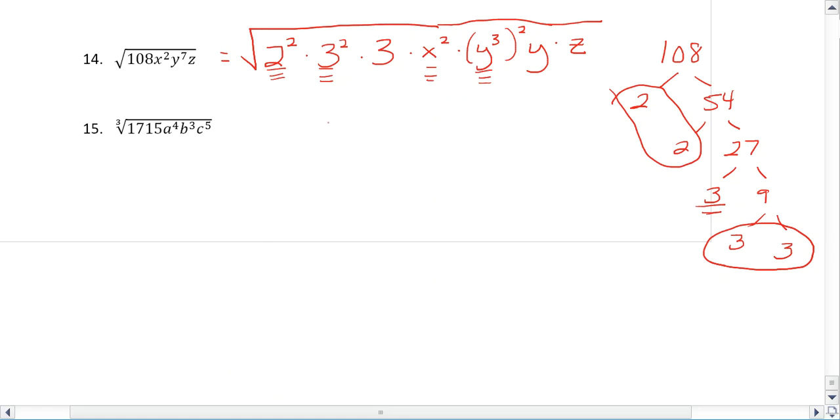So the 2 comes out in front, the 3 comes out in front, and you go ahead and multiply those. 2 times 3 is 6. The x comes out, the y to the third comes out, and everything else needs to stay under this radical sign, which is this 3, and this y, and the z. So that's your final simplified answer.